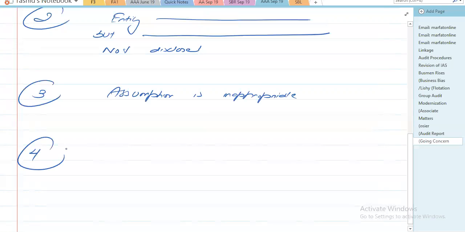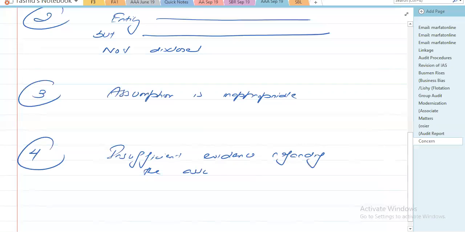Number four, insufficient evidence regarding the assumption.